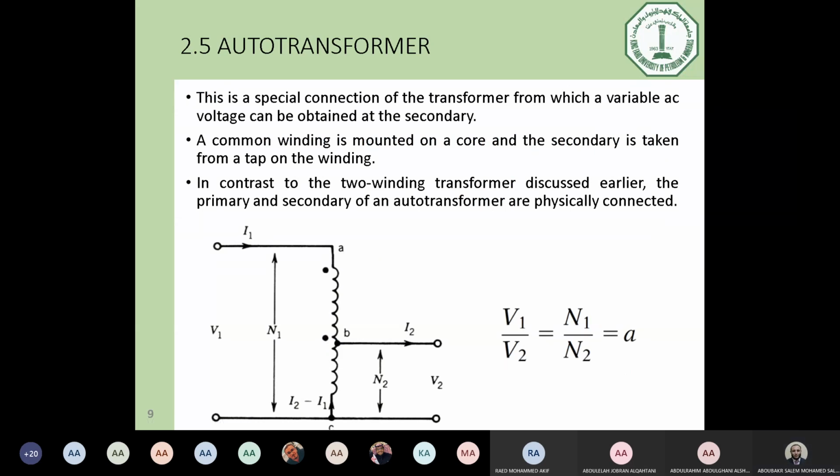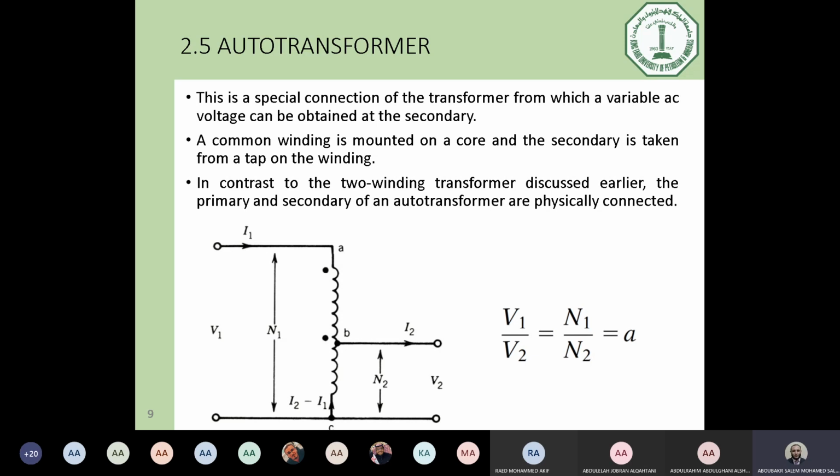Now, let's start another important transformer used in our life, which is the autotransformer. Autotransformer means you have variable output supply. So you can find it in industry in different configurations.